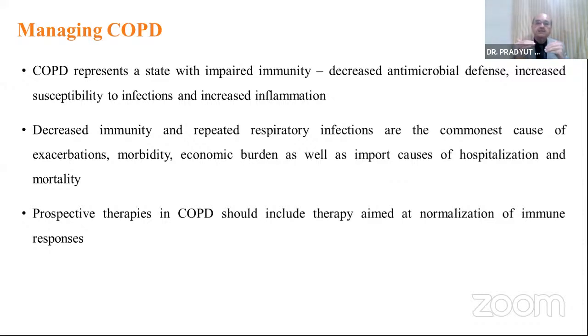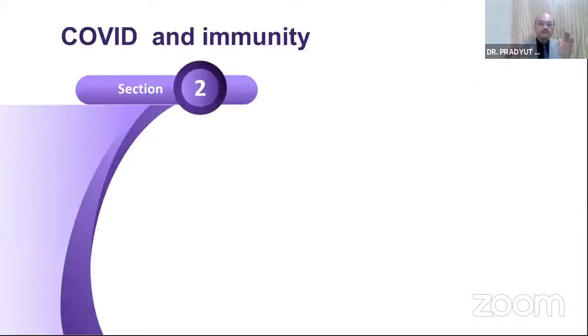And this decreased immunity and recurrent respiratory infections are the commonest cause of COPD exacerbations, hospitalizations, morbidity, economic cost, etc. So prospective therapies for COPD, in addition to the inhaled therapy as guided by the GOLD guidelines, should include therapy aimed at normalization of the immune responses. So that is the role of immunity in COPD.